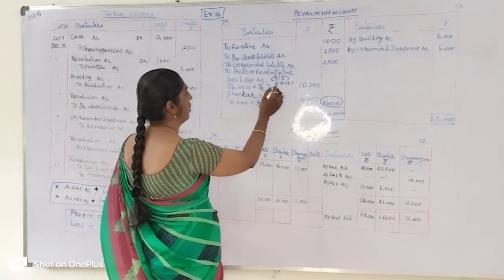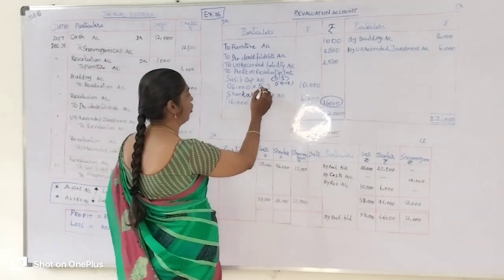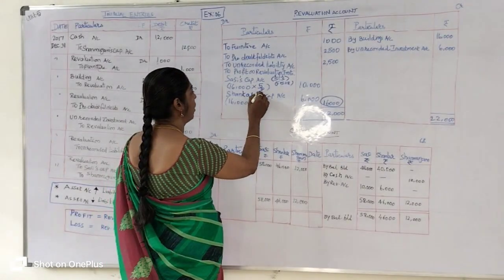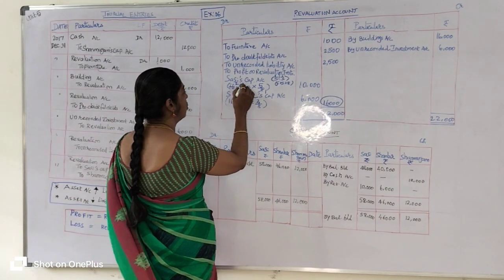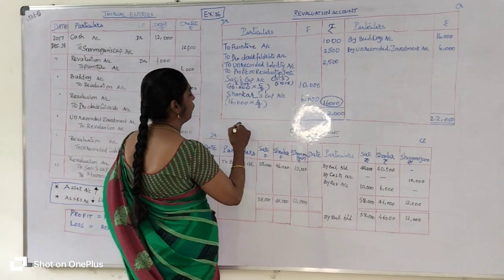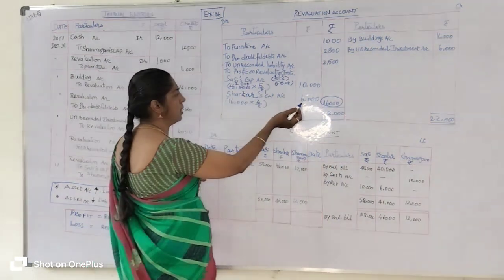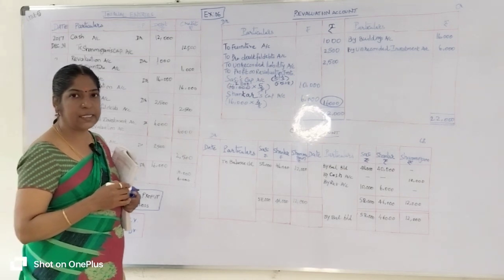So 16,000 rupees into his profit sharing ratio, 5. You enter 5 on numerator, and the sum of the ratio, 5 plus 3, 8 on denominator. Now we cancel it. 1 8 is 8, 2 8s are 16, 3 zeros to be added here. 2,000 into 5, 10,000 rupees. So we transferred that 10,000 rupees to Sasi's capital.